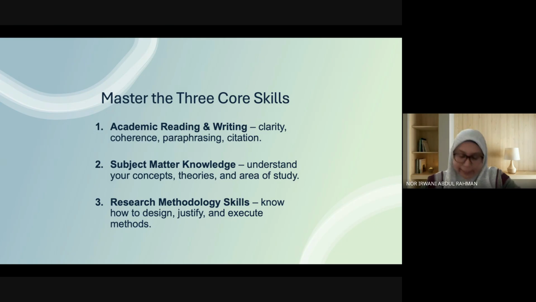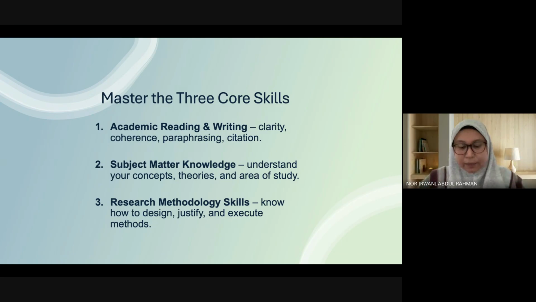So what I can share right here is, we have to master three core skills. Whenever we write a thesis, no wonder FYP thesis, master thesis, or PhD thesis, remember that you are preparing an academic report.